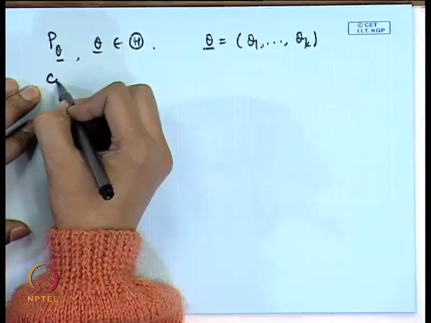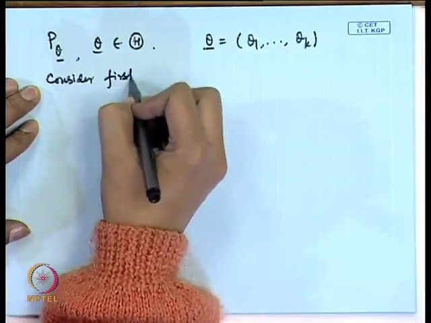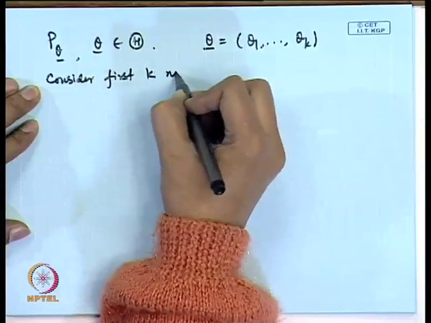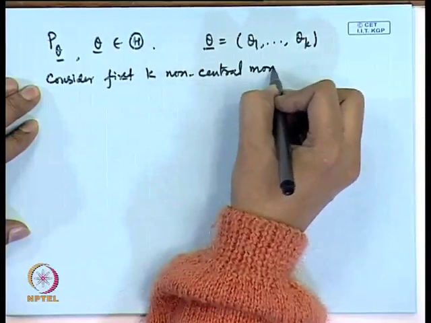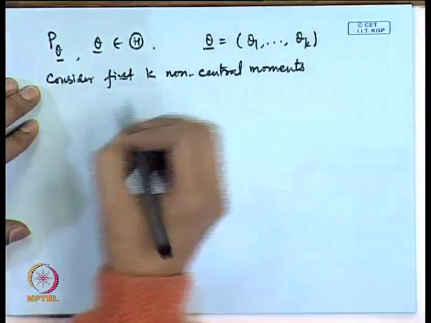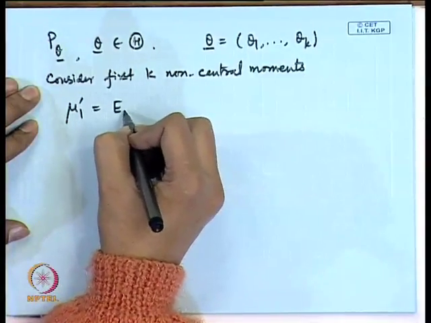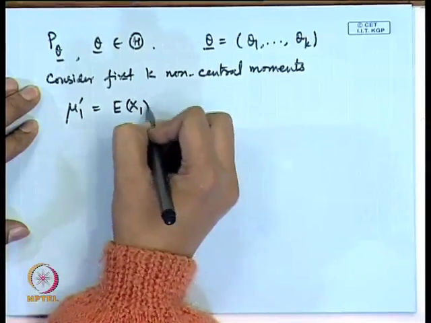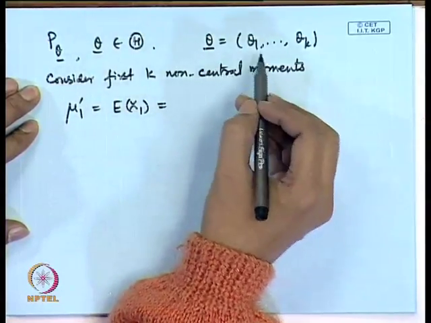So, let us consider first k non-central moments. That means, we calculate say mu 1 prime, which is expectation of X1. Now all of these moments are going to be functions of the parameter.